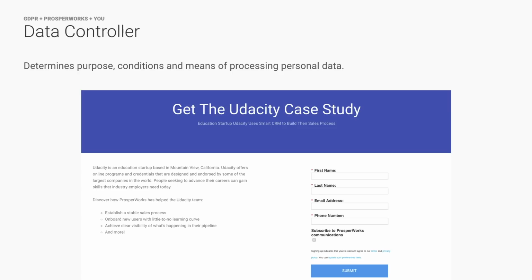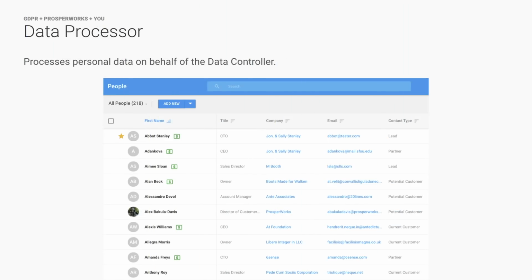The other example would be you as a customer of ProsperWorks. You are data controllers as you gather information from your own customers. The next concept is that of a data processor.